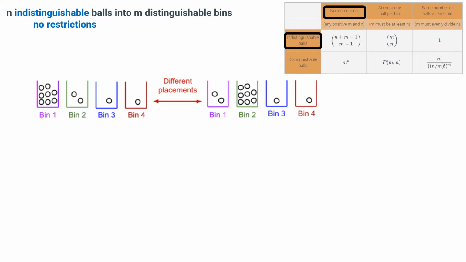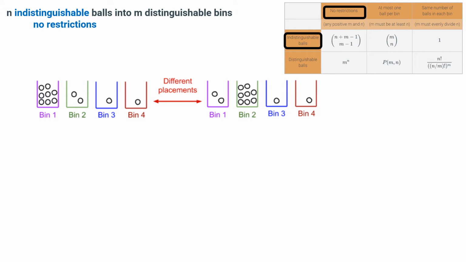Let me say one thing about the bins before we get started. In all of these cases, all 6 of these categories within this table, we're always distinguishing the bins. Maybe we would label them bin number 1 and bin number 2, or maybe we just have a purple bin and a green bin, but we're always going to say that these bins are distinguishable.